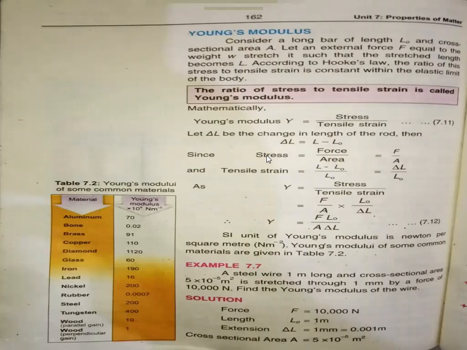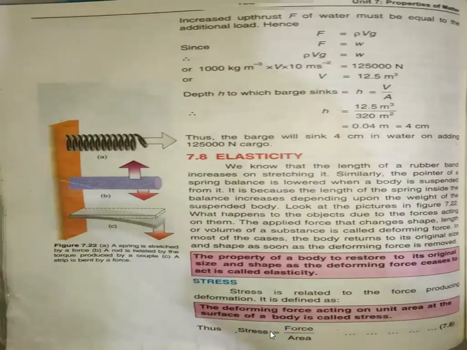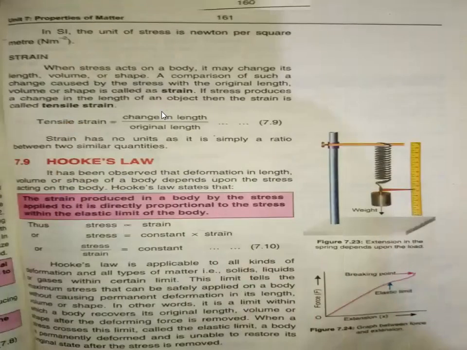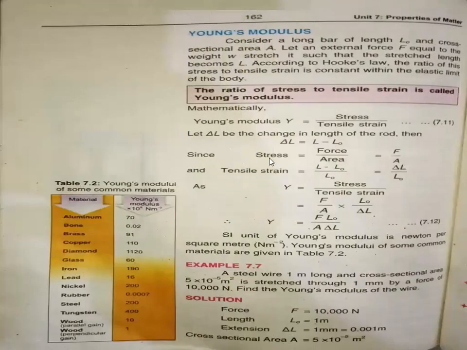I show you, stress is force per unit area. I use this formula for stress, and this formula for tensile strain, which is change in length divided by original length. So Young's modulus capital Y is equal to stress divided by strain. Stress is force per unit area, and tensile strain is L minus L naught divided by L naught, which is delta L divided by L naught.